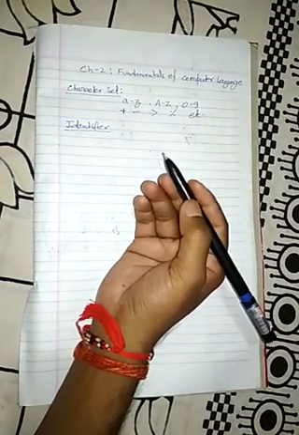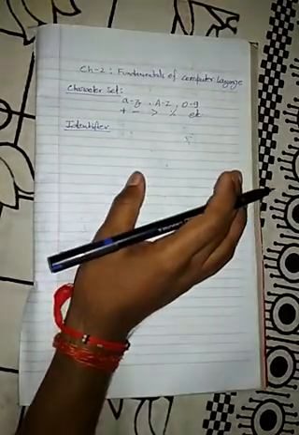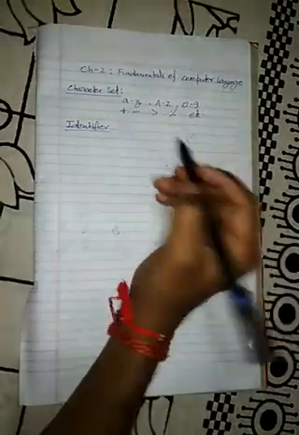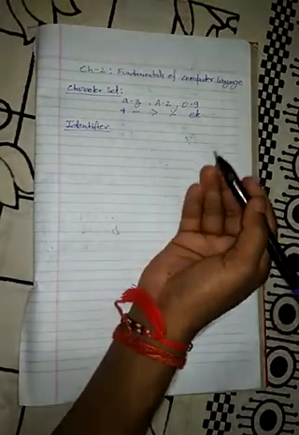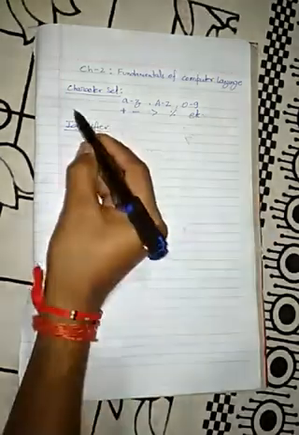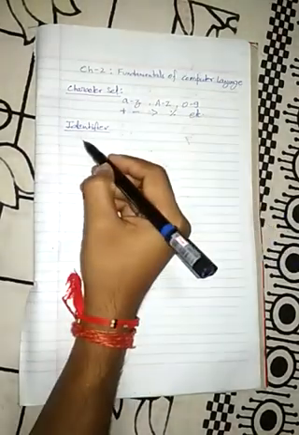It means identifier is a name that is used to identify something. Let me tell you one thing also: the concepts I'm telling you today, you have to write in your notes. Character set you have to write, and the next concept that I'm going to tell you, you have to write in your copy.